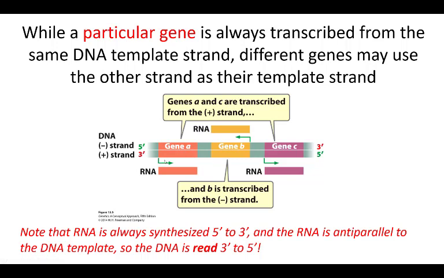So therefore, while RNA is synthesized in a 5' to 3' direction, the DNA template strand is actually read by the transcription machinery in a 3' to 5' direction. Gene B uses the top strand as the template. It is read in a 3' to 5' direction, and so therefore we're going to start synthesizing the RNA over here on the right, and we will proceed toward the left side.